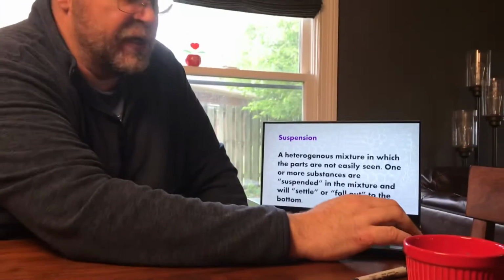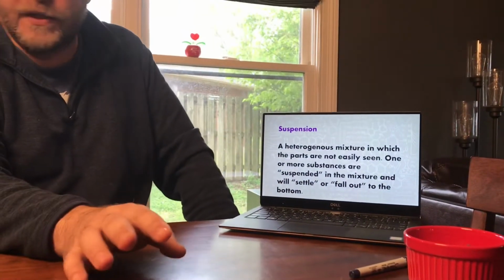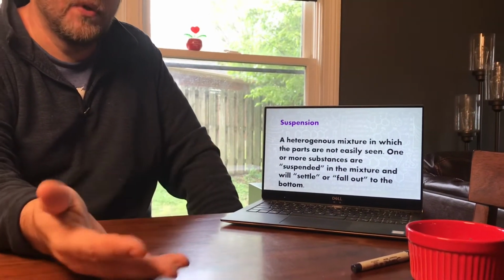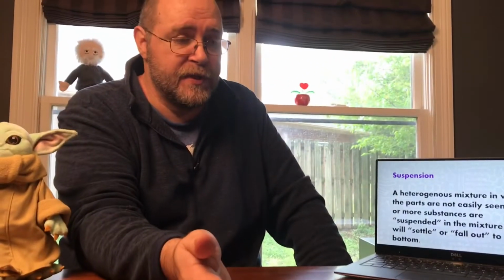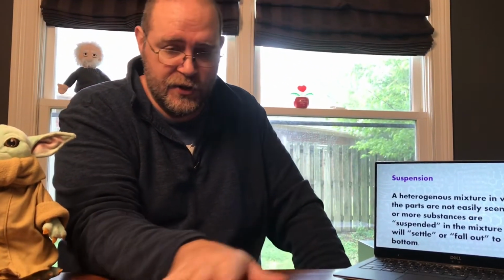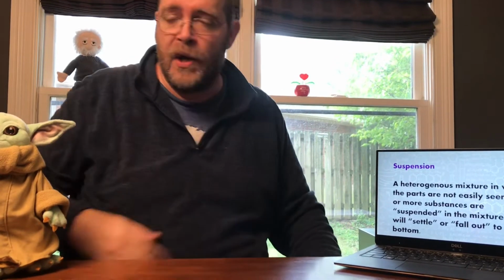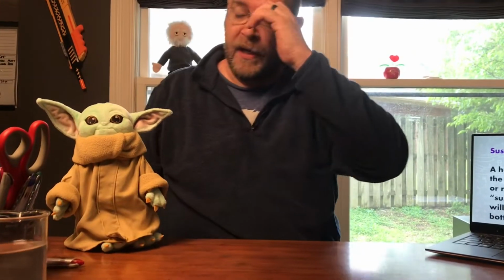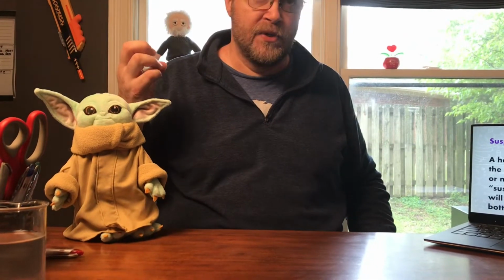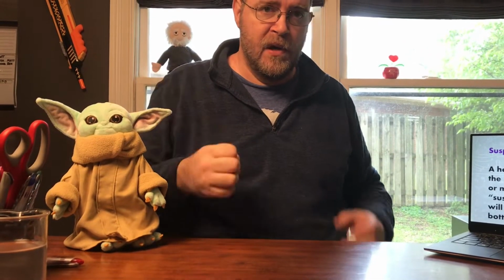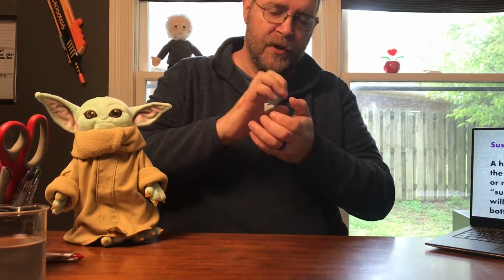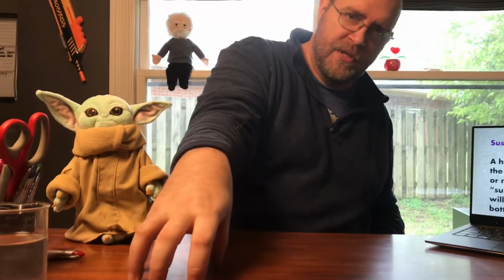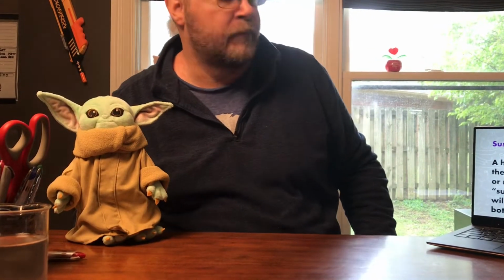A suspension. I had a great idea for this, but it's been raining and we've been quarantined and I have not been able to get the things that I need to show you this, but you can do this at home. What you need is just a beaker of water, just plain water. Go outside and get some sand or some dirt from your yard, put it in there, shake it up real good, sit it on the table and leave it for a while.